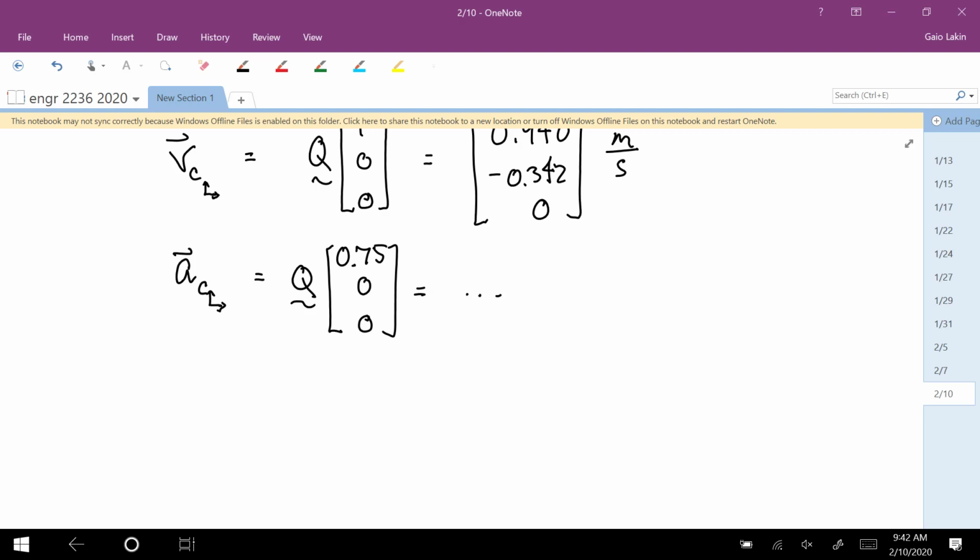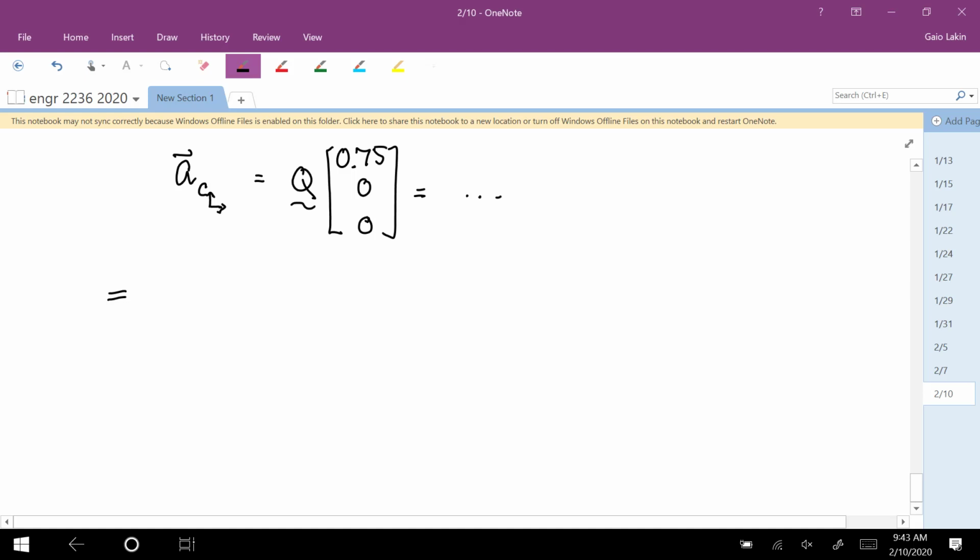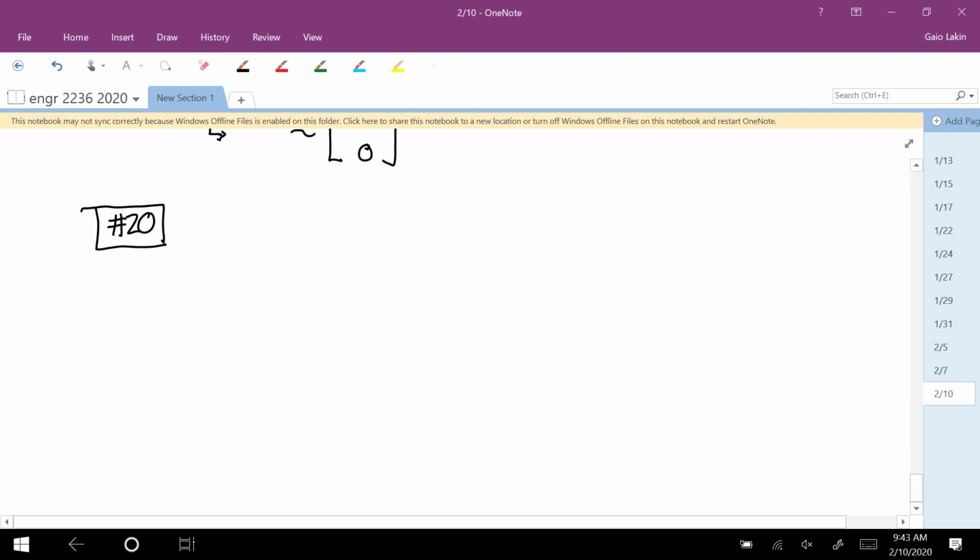How about 21? Did that one go okay? Oh, so you did up to 20. Okay, let's see. All right, so we have this wheel that's initially moving at 8 meters per second.